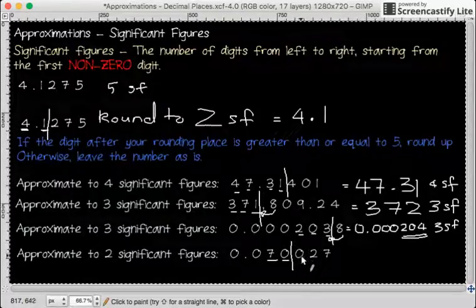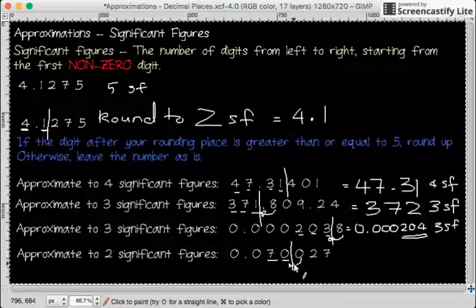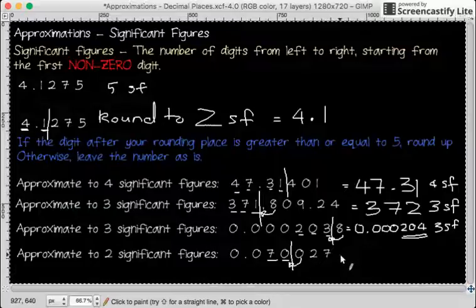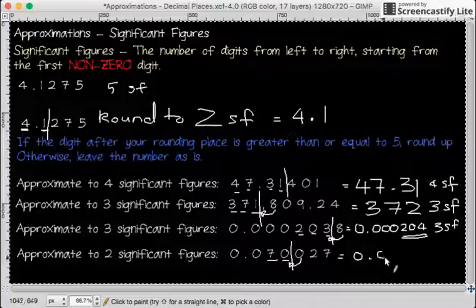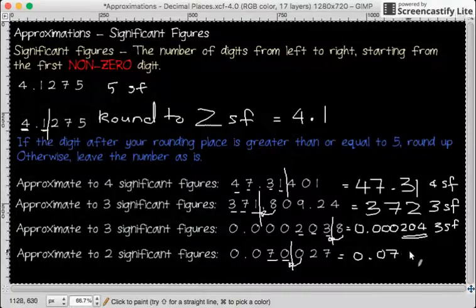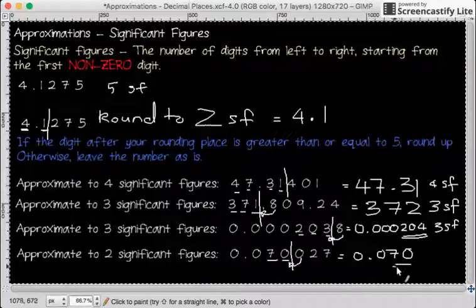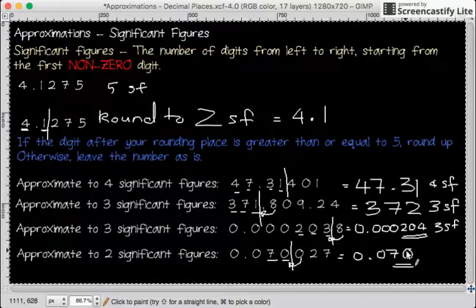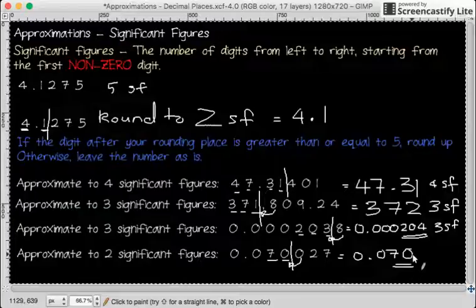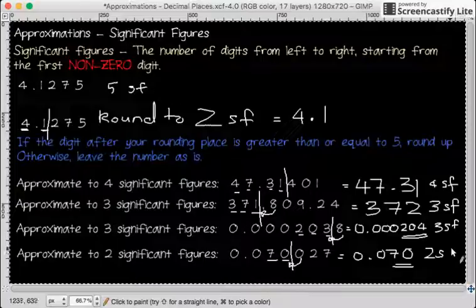This 0 obviously is less than 5, so it's going to leave that number the same, and that's just a 0, so that when we write this one out, it becomes 0.070. And remember, because we are looking at the figures that are significant, because this is actually not just a place value, but a significant figure, we have to leave the 0 in, and then we just say it's 2 significant figures.